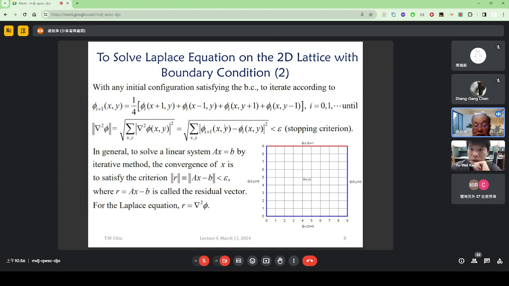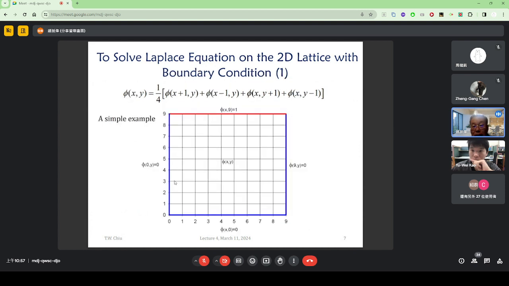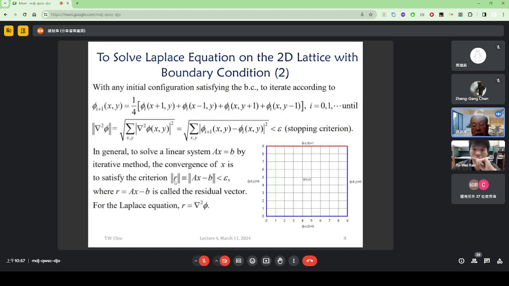But in the other case, when you have Ax minus b, you have to compute this Ax and then subtract b. Suppose the Laplacian of phi equals rho.